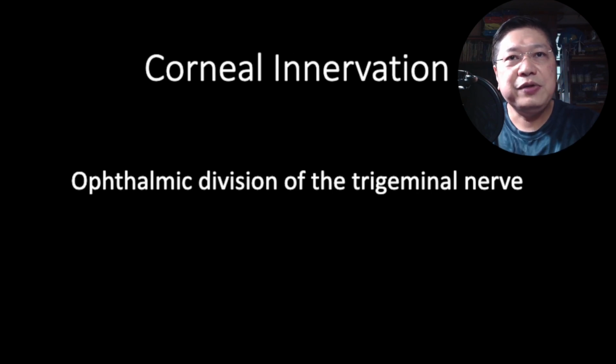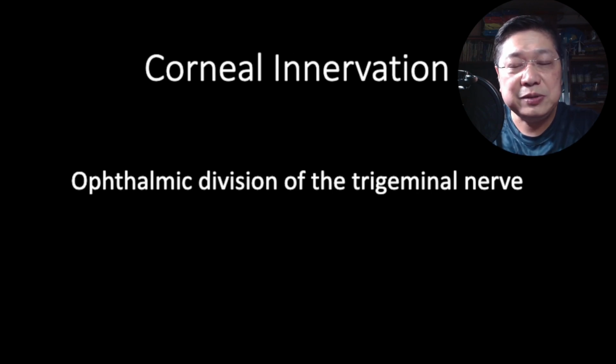Your cornea is innervated by the ophthalmic division of the trigeminal nerve. So if you cut this ophthalmic division, then your cornea would basically be numbed. Your cornea is actually one of the more sensitive parts of your body. It will register pain from a single strand of hair that hits it.